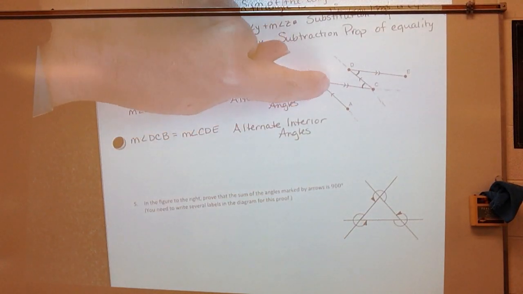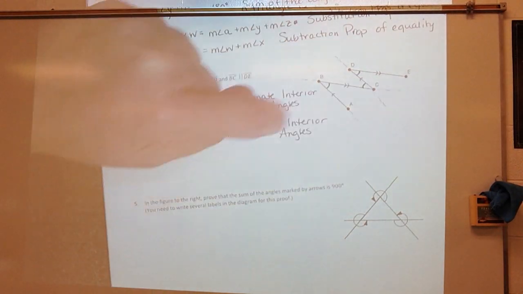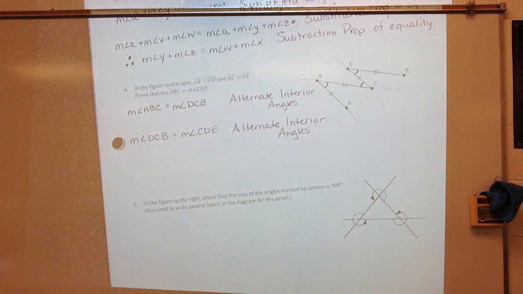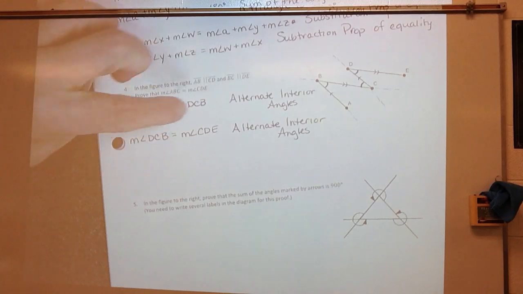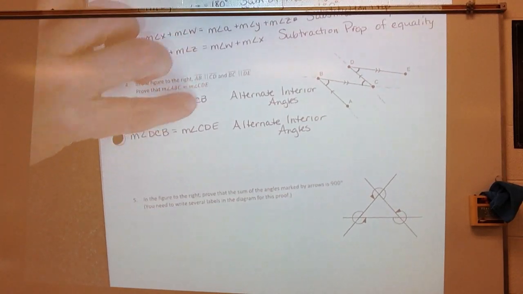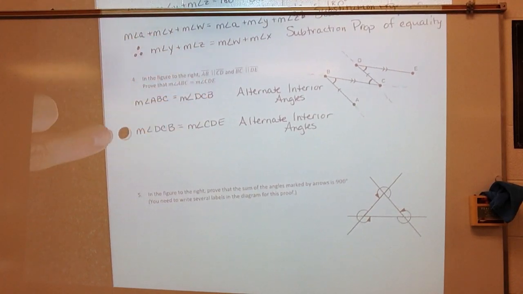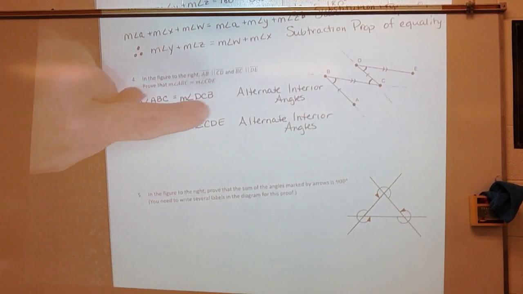So now that I know that this angle and this angle are equal, and that this angle and this angle are equal, look at what I can do. Looking at these two, guys, they have this in common. So because they have that in common, I can substitute something in for it.